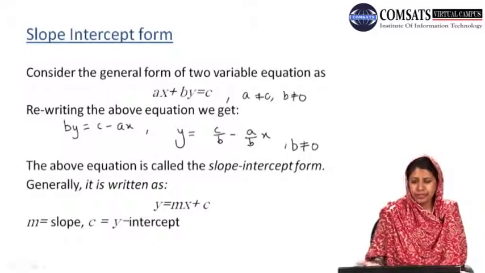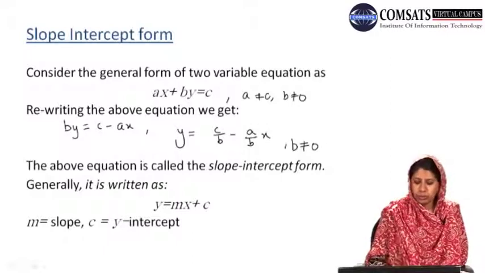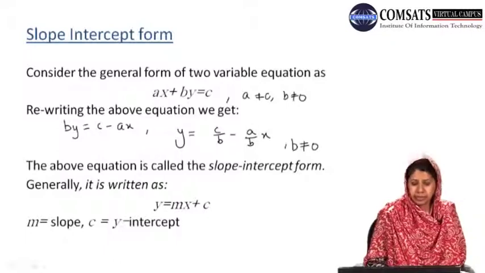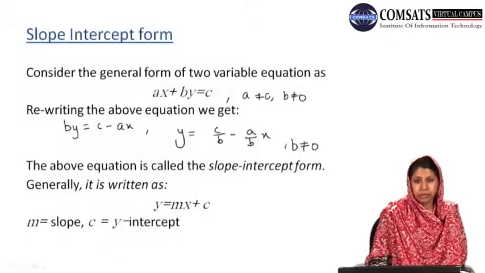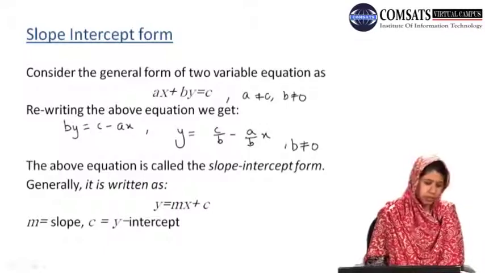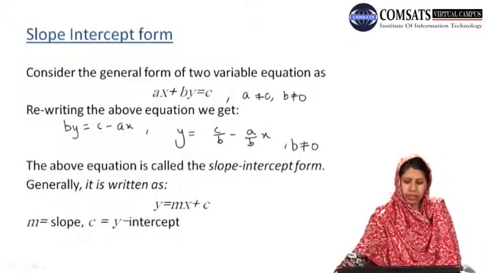To avoid these fractions c over b and a over b, what we generally write is y equals mx plus c, where m represents the slope of a line and c represents the y-intercept of the line. Now let's have a look at some examples.